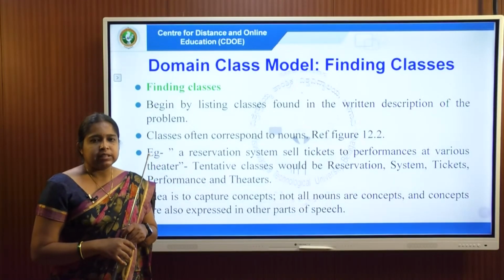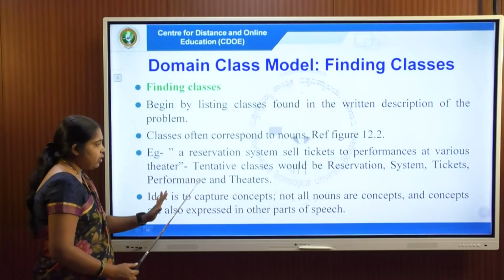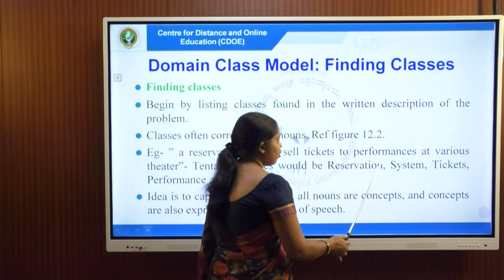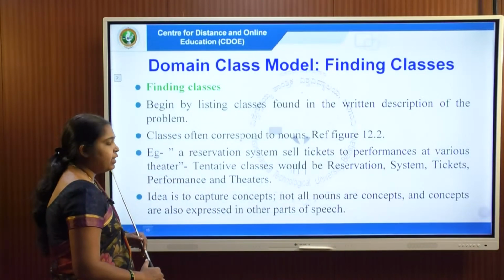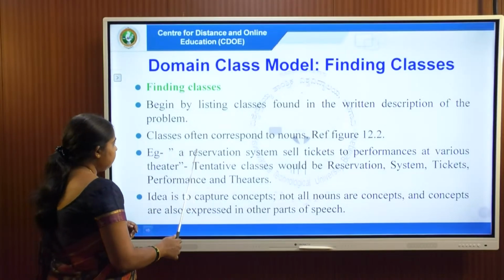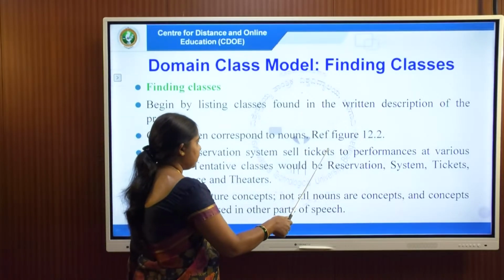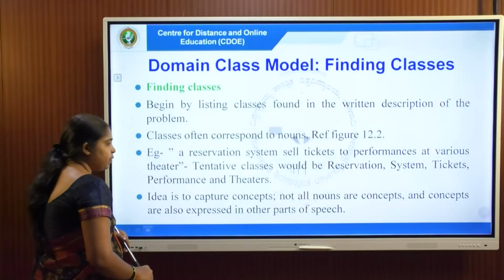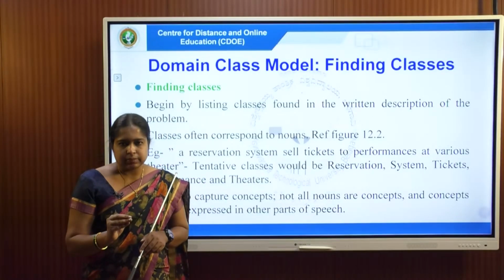For example, if the problem statement is: a reservation system sells tickets to performances at various theatres, first we have to identify the nouns. Here reservation is a noun, system is a noun, ticket is a noun, performances is a noun, and theatre is a noun. And please remember, not all nouns are classes.